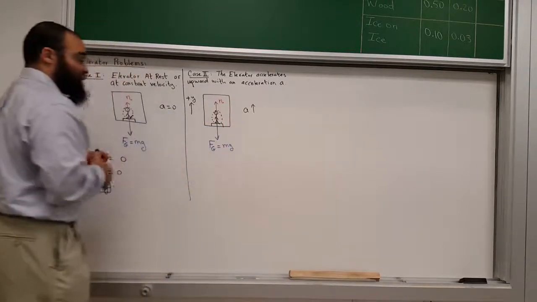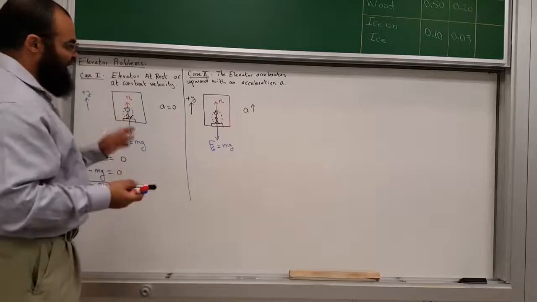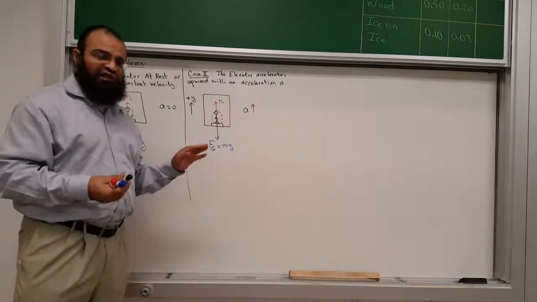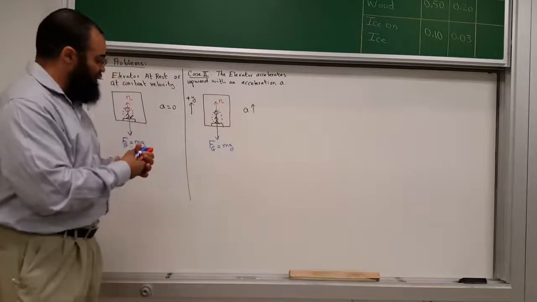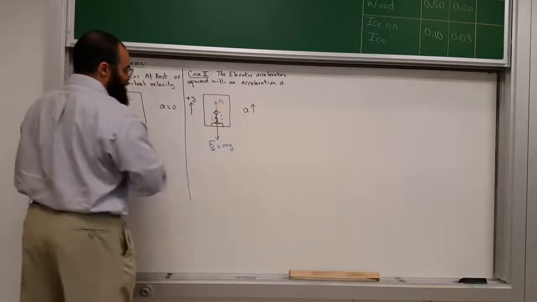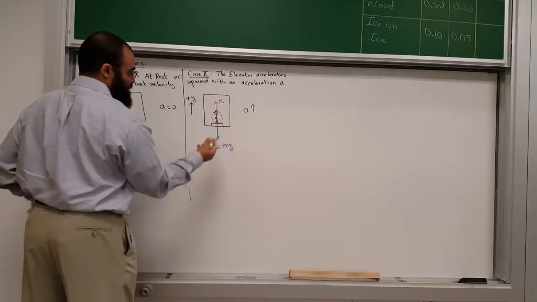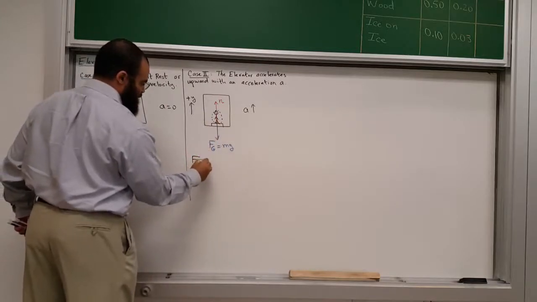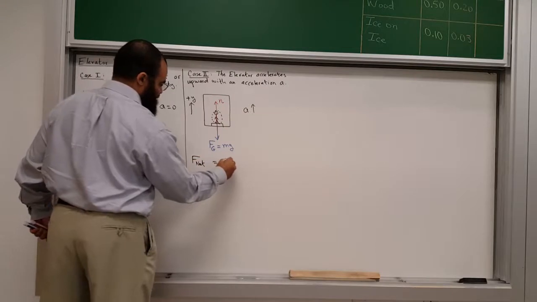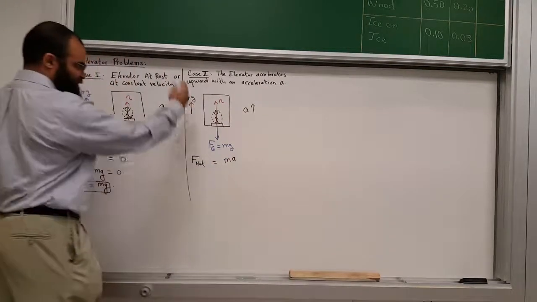And so we would apply Newton's second law. It says the net force on an object is equal to the mass of that object times the acceleration of that object. So the net force on you is equal to the mass times acceleration, and here the net force is all in the y direction.